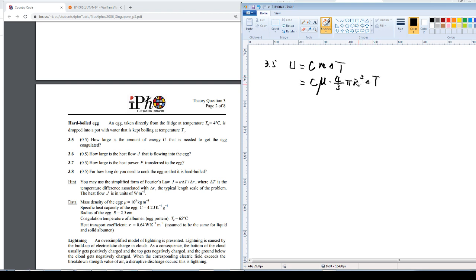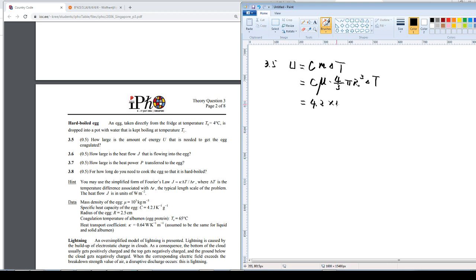We're also given all the temperature. This is joules per Kelvin per gram.